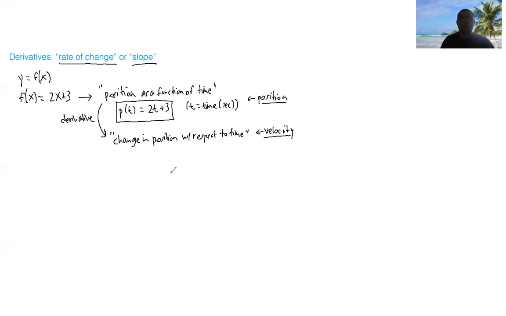And mathematically, in order to take the derivative, or find the rate of change, you're going to follow this general formula.